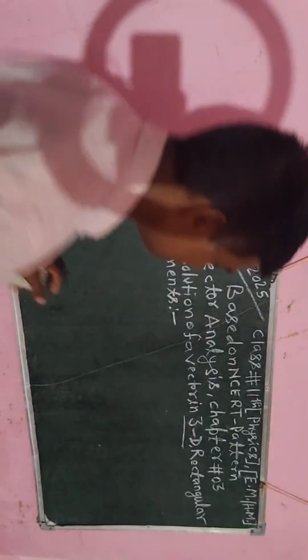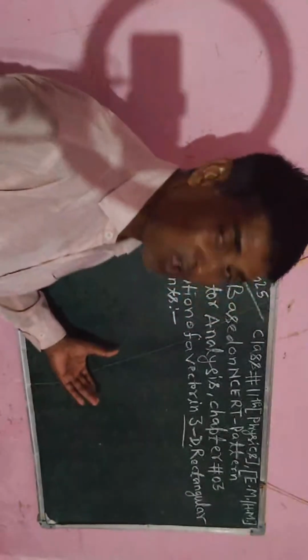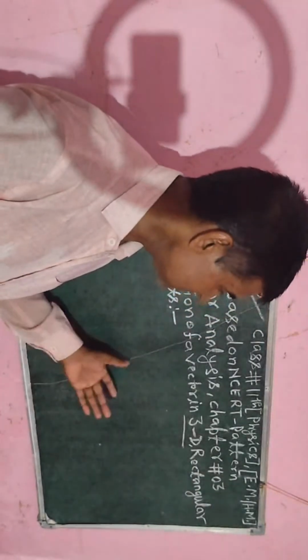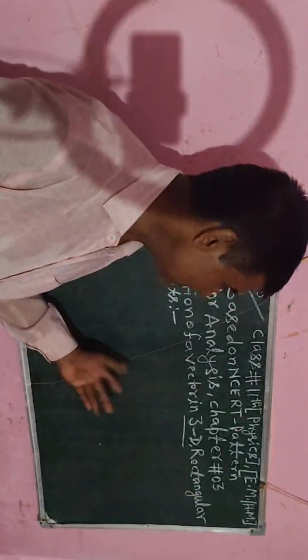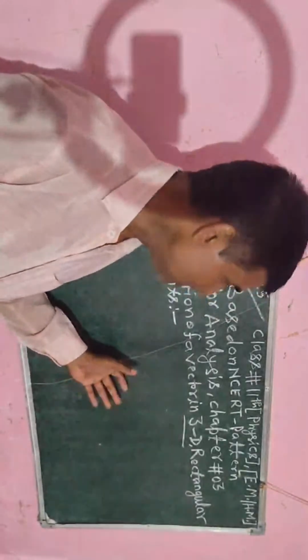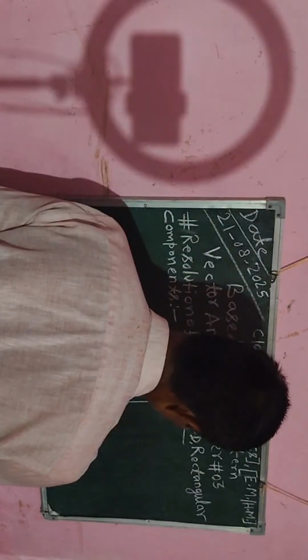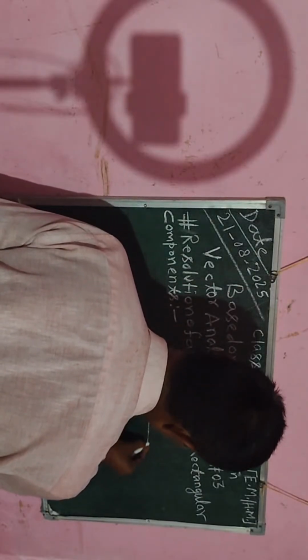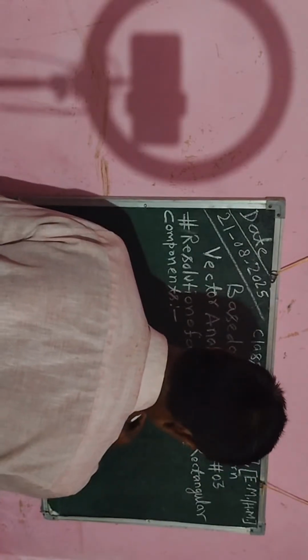Now here this is 3D, and 3D cannot be drawn on the blackboard. This is two dimensional, but I will assume and, after assuming, I will draw and show it in 2D. So you concentrate here. Here I will draw a rectangular shape, and that shape will be like this.